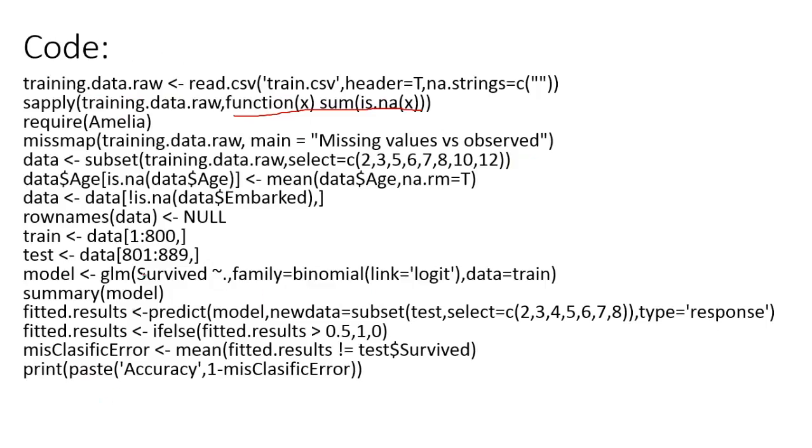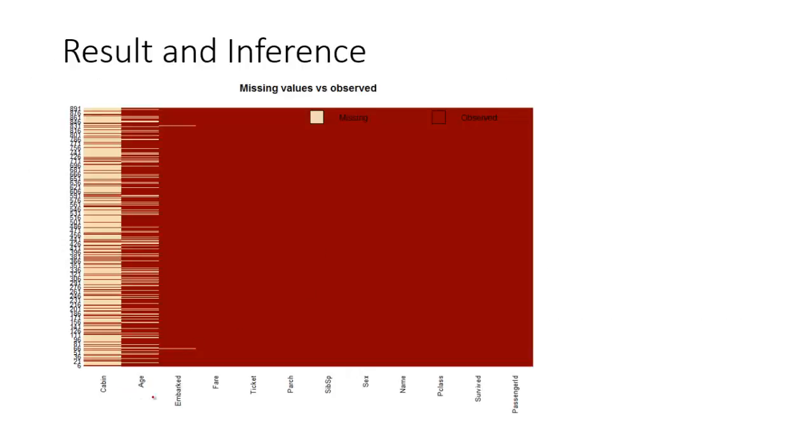The data set is all about whether people survived the Titanic crash or not, depending on a set of features like age, sex, fare, ticket, P class, name. So this is the concept of this data set. So cabin doesn't make sense here, so we can omit it.